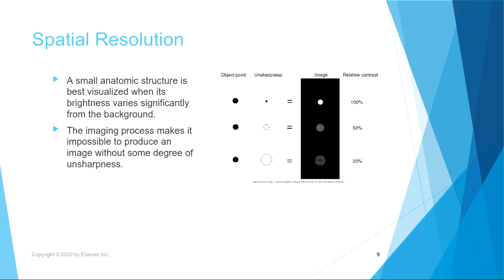Like if you put your hand PA right on the image receptor, the palm of your hand and the bottom of your fingers would be touching it, but the top of your hand would still be further away. So there's always some amount of OID, or object to image receptor distance, no matter if you are right on top of the image receptor. So it's impossible to produce an image without some amount of unsharpness.